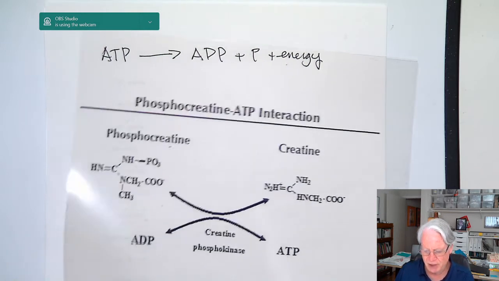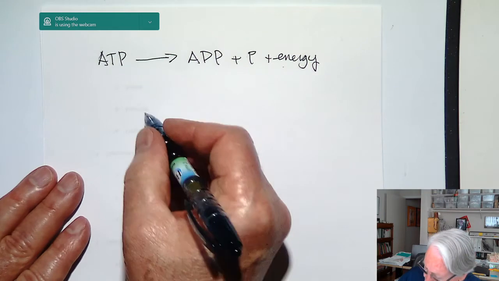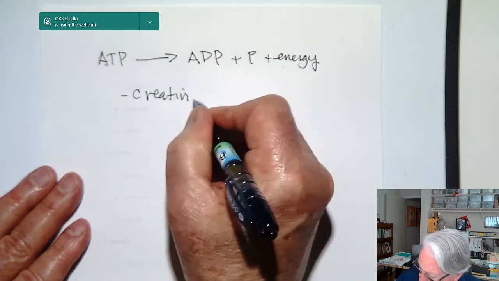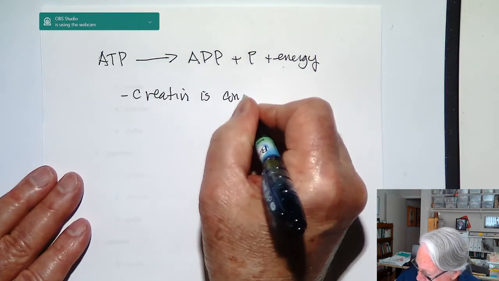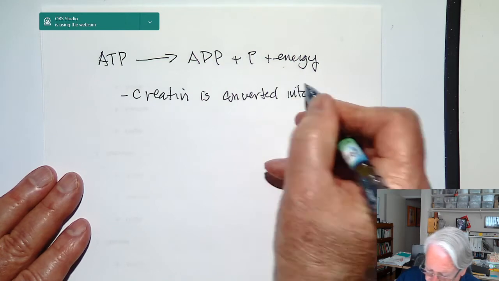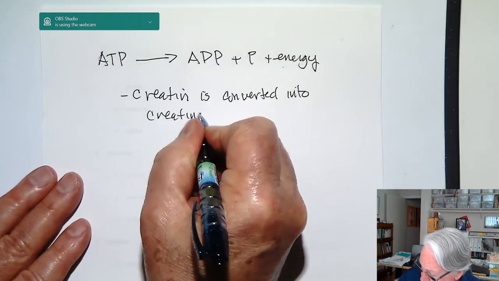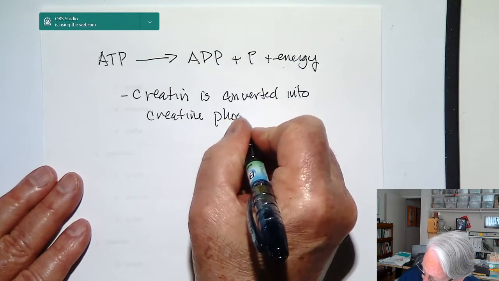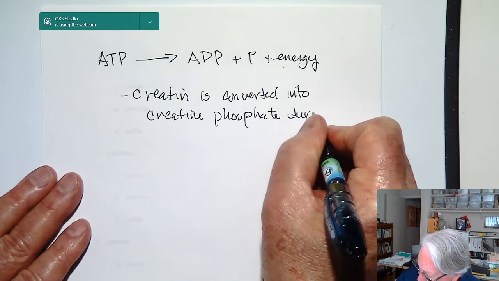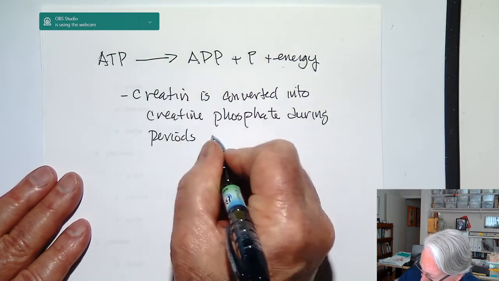Okay? So, creatine is converted into creatine phosphate during periods of rest.